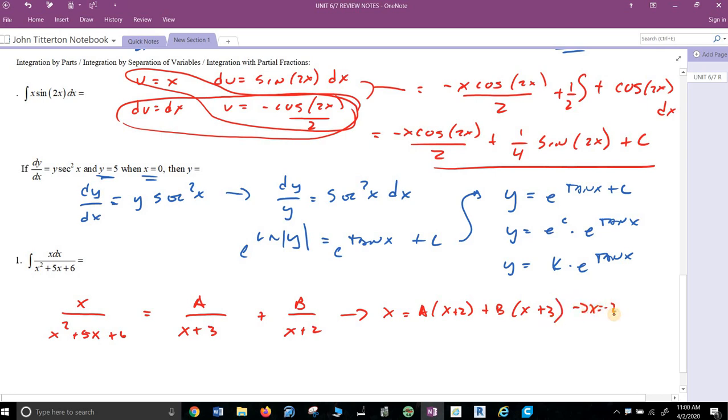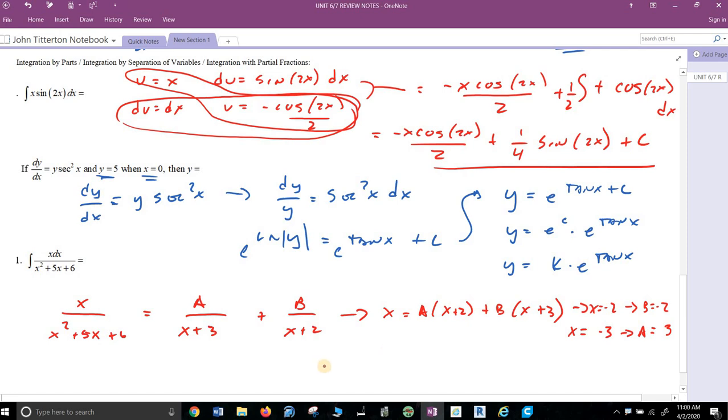X equals negative 2, b equals negative 2. X equals negative 3, a equals 3.